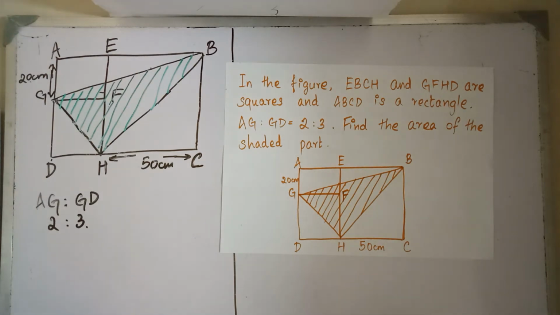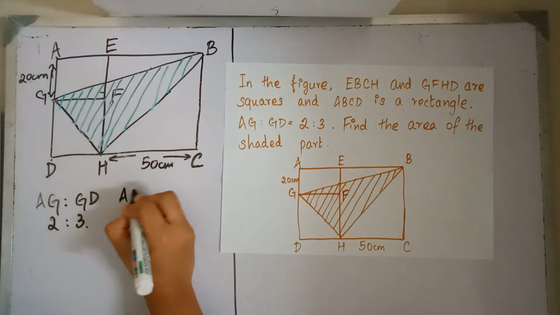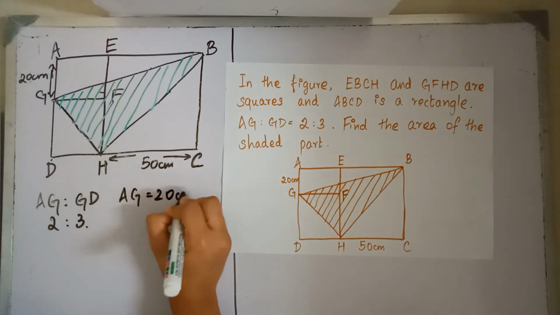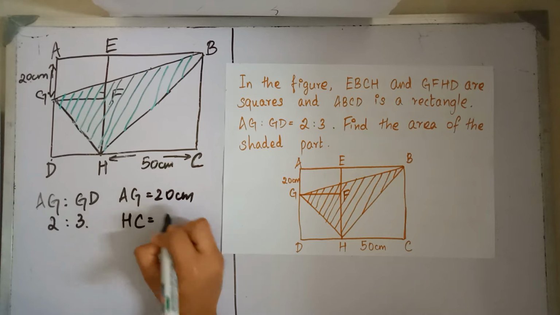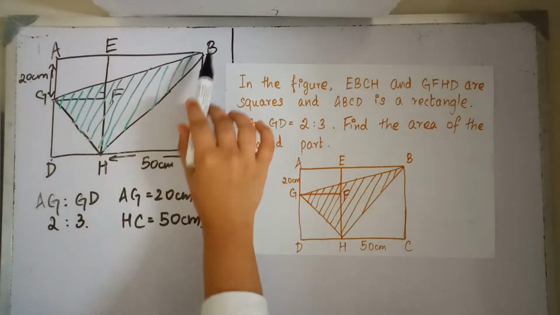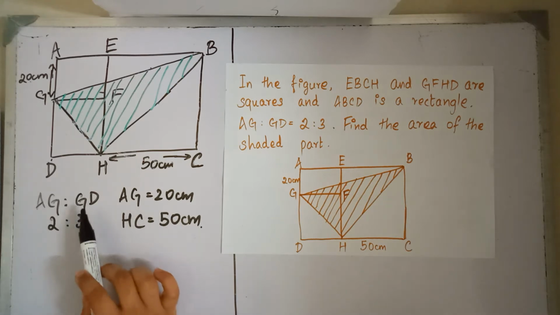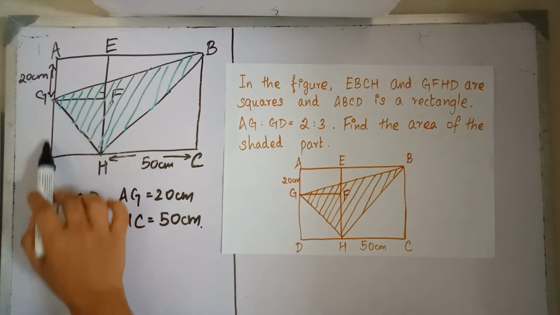Now the question also gives us a few values in the figure. AG is equal to 20 cm and HC is equal to 50 cm. They want us to find the area of this shaded part. So what do we do with this information? As soon as we see this relation, we can find out the value of GD, which is this part.